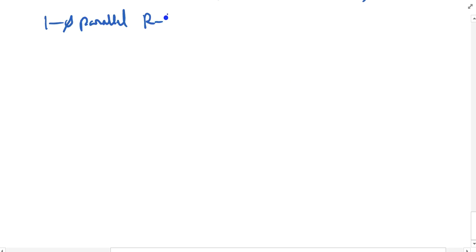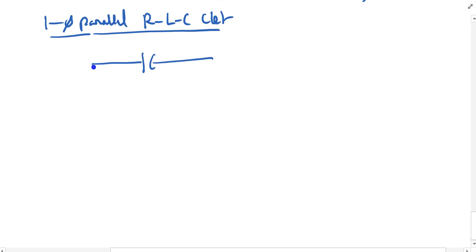Now the next one is the single phase parallel RLC circuit. What is the analysis? How are we going to do the analysis here? Let us consider I have a network like this.